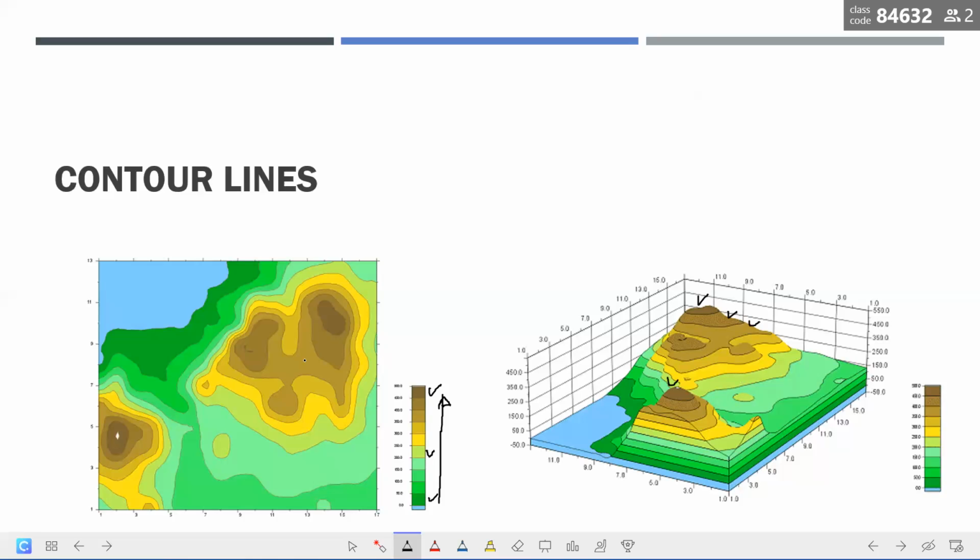Already, some of you may see where potential water runoff areas are, and where the steep hills are. In the 3D illustration, it's a lot easier to see. It's a lot clearer where the ridges are, and where less steep areas may be, and so on.